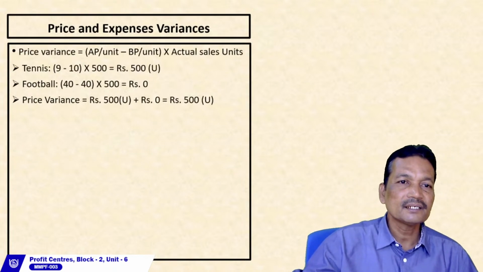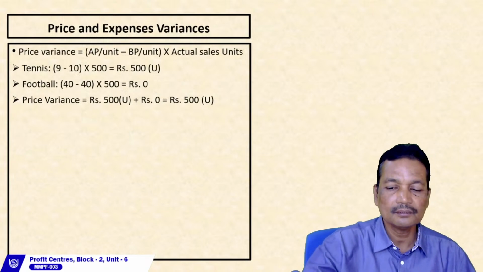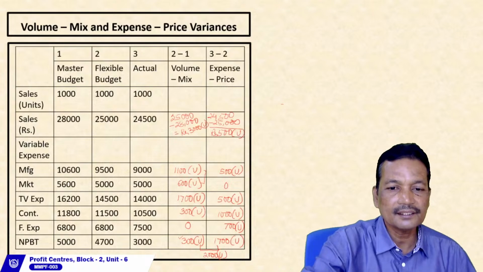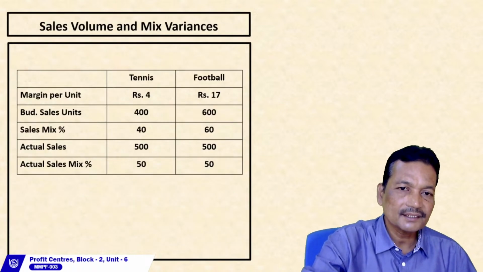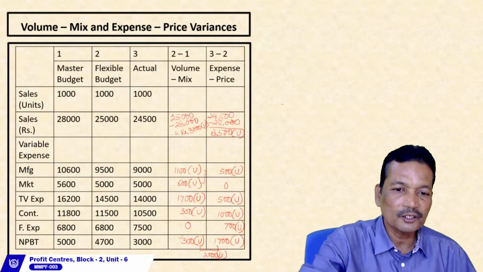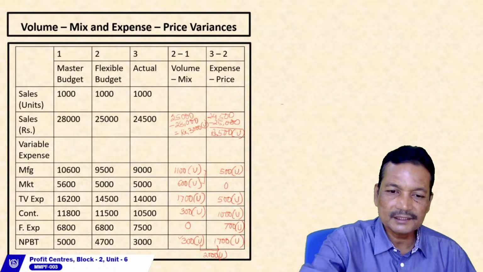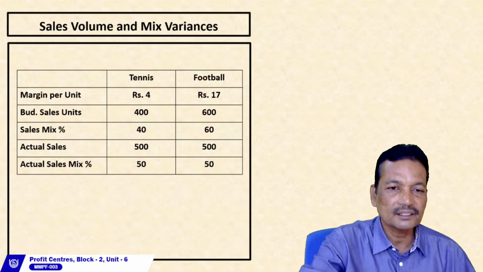Now you can calculate the price and expenses variance as we have done in the previous slide here. So the variances will tell us, as we see here, the volume, due to expense, how much we are having the impact. Similarly, here we see what is the impact due to change in sales mix.